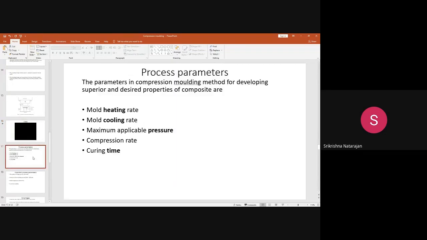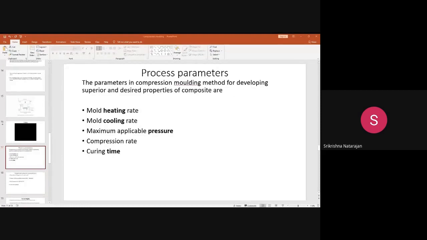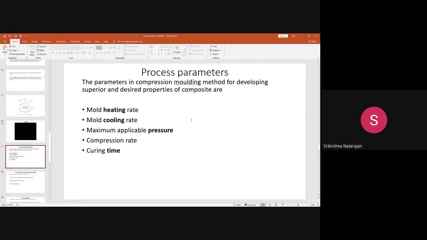This process involves important process parameters for developing the superior and desired properties of the composite. There are multiple parameters involved, but in any composite manufacturing process, three things are very important: one is the heat, another is the pressure, and another is the time. These three play a vital role in the manufacturing of the composite.